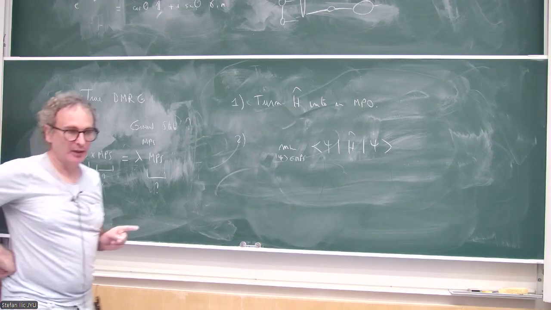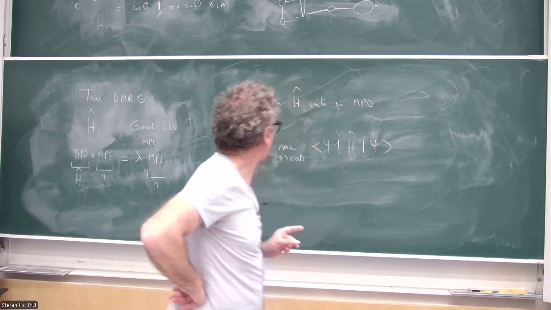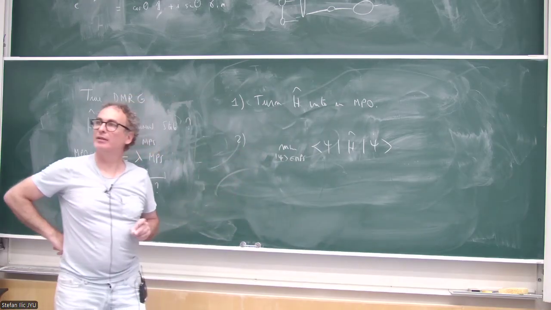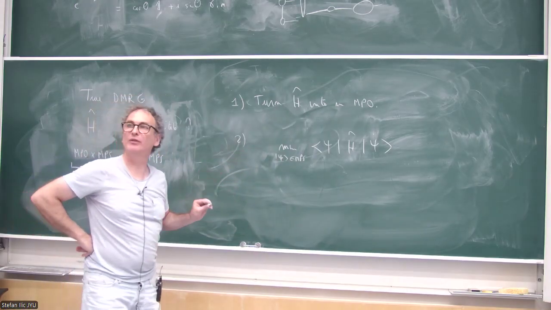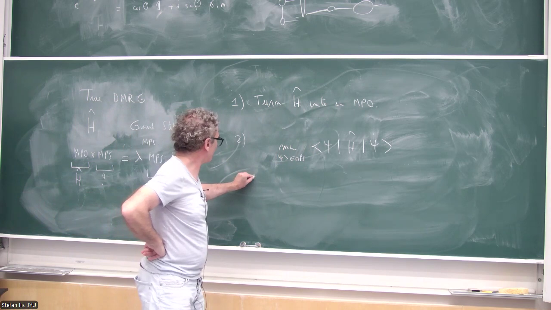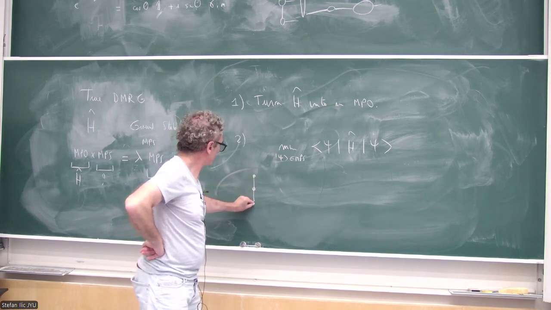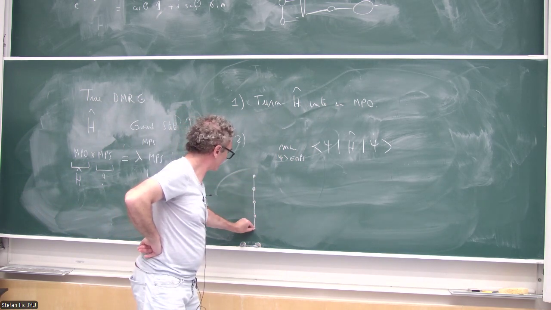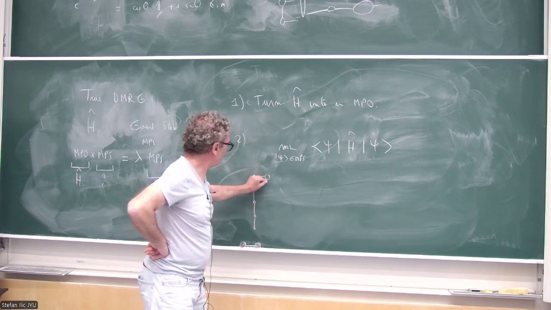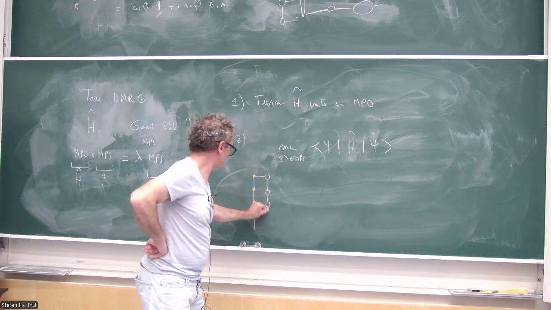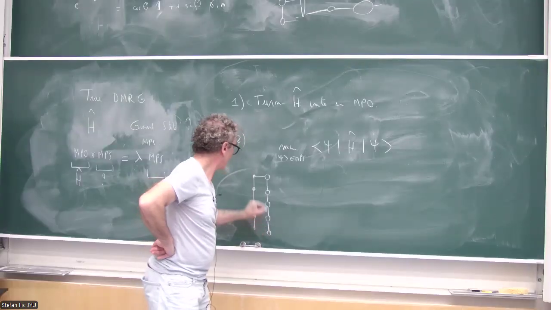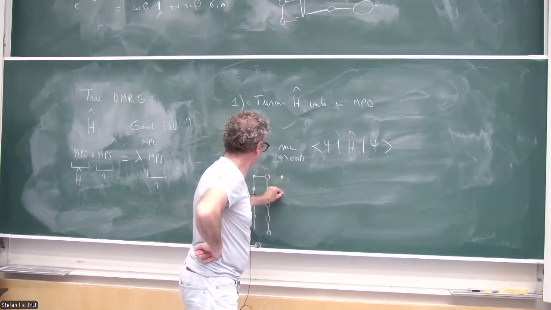Okay, and so this we can already see. I was just going to sketch it very quickly. So we have the state, then we have the MPO for the Hamiltonian, then we have the state again, star.